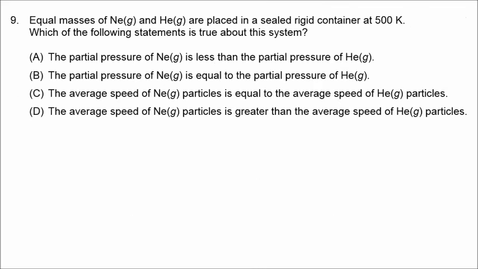Alright, moving on to number 9. We're now switching from chapter 9 to chapter 10. So this is a gases question. We have equal masses of neon and helium. The molar mass of neon is around 20 grams per mole, and the molar mass of helium is around 4 grams per mole.